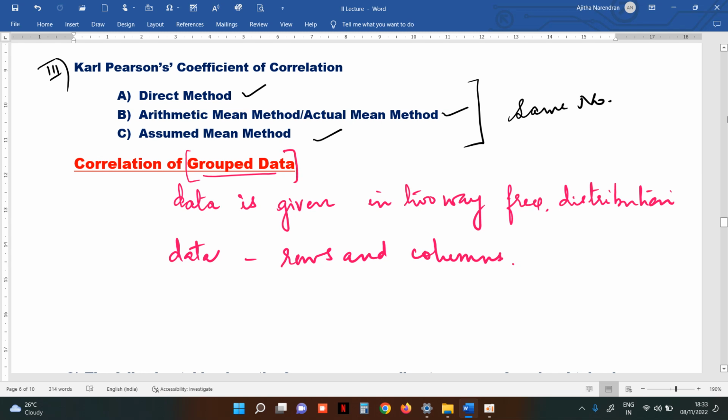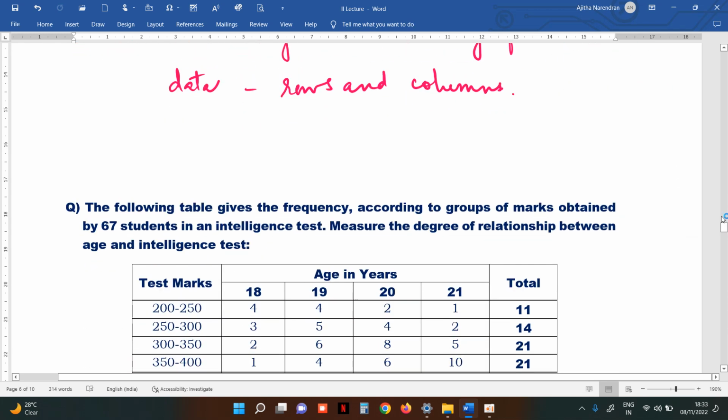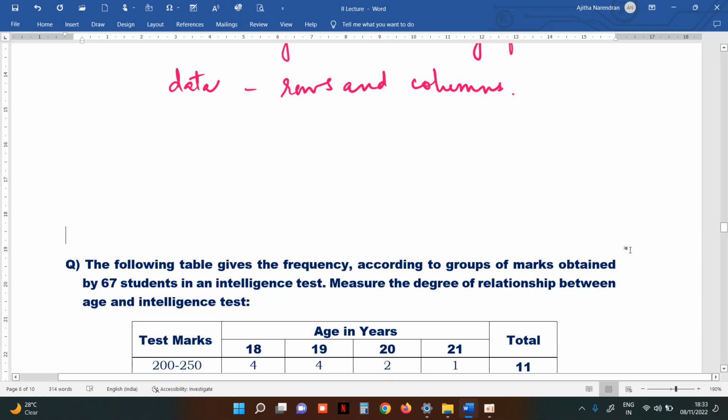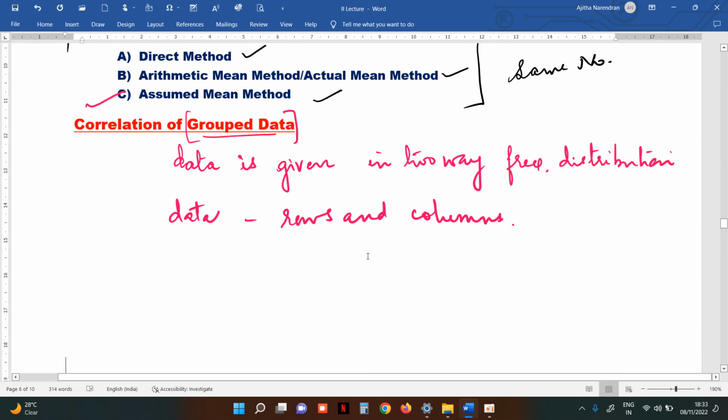The formula is very simple, as we have seen in case of assumed mean. The same formula we are going to use. The only thing is we are going to add frequency f in all the parts. Let's see how we have to compute. In case of assumed mean, what was the formula we have seen? Just recollect it.